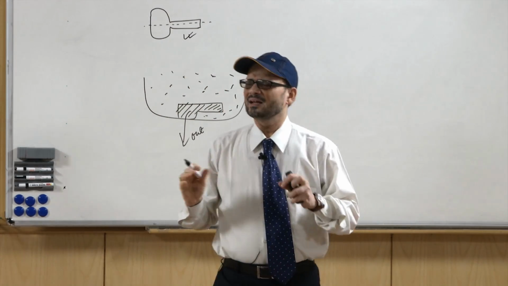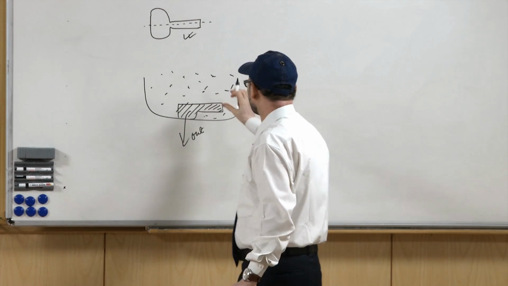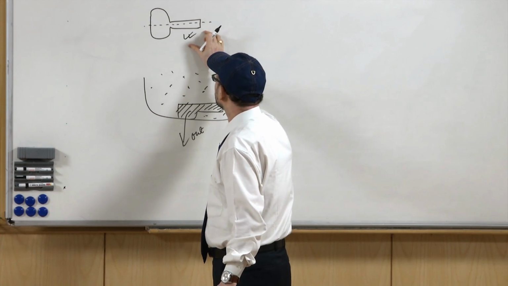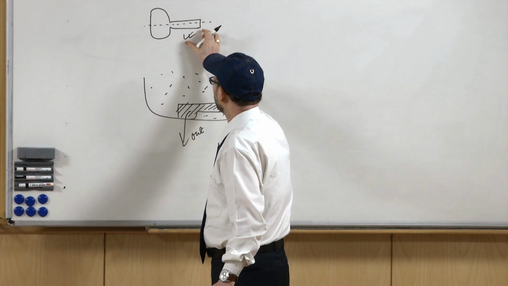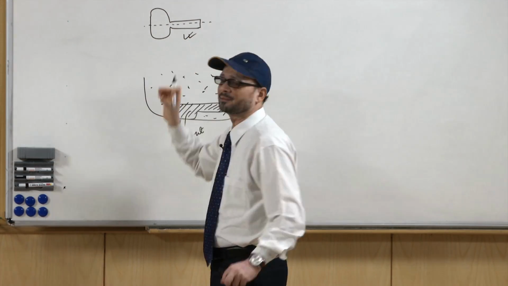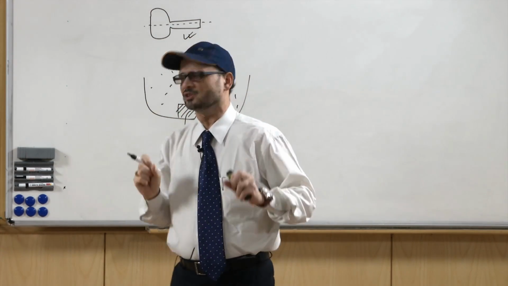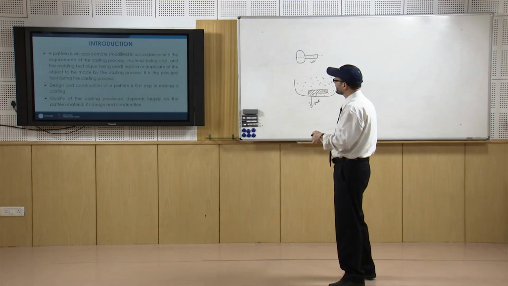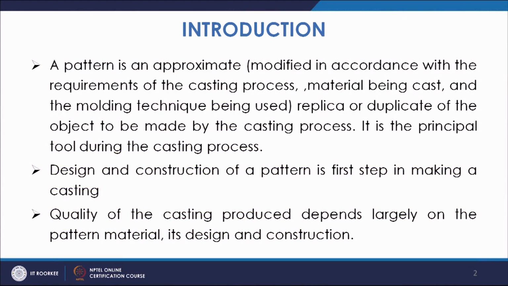But during that process the shape is not completely the same, it has certain modifications. The modification we make will depend upon what kind of process we use and what kind of materials we cast.